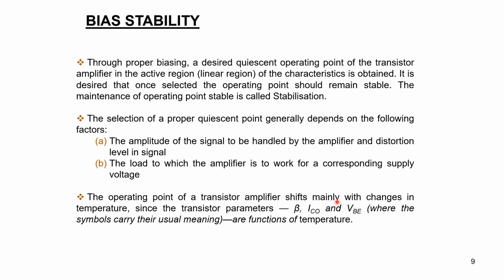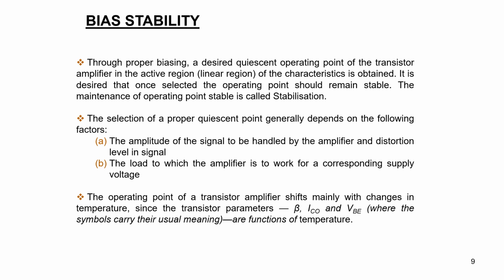We need to see how stable the operating point is with respect to changes of beta, IC naught, and VBE. Those factors are called the stabilization factors. How much the operating point changes with respect to beta, IC naught, and VBE. Our aim is that the transistor acts as an amplifier and we get the distortionless, faithful output.